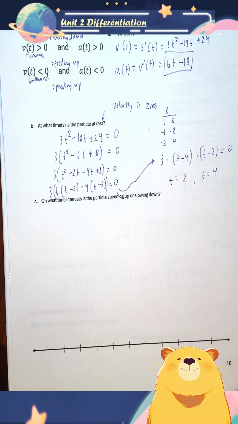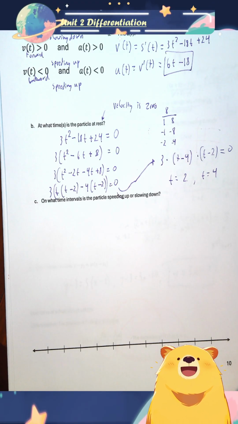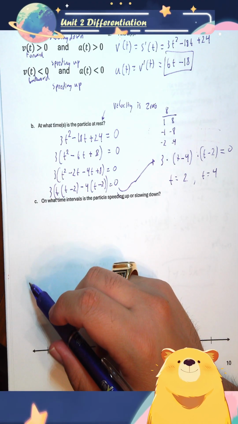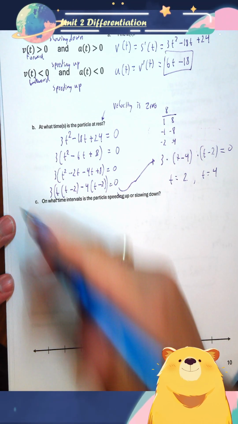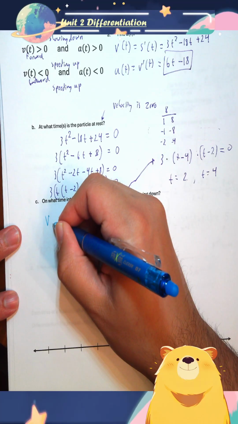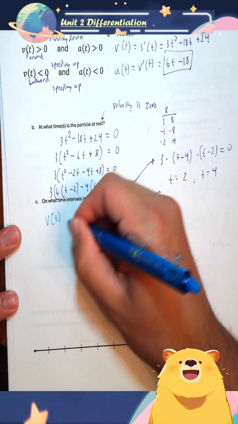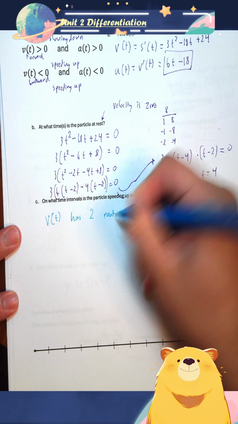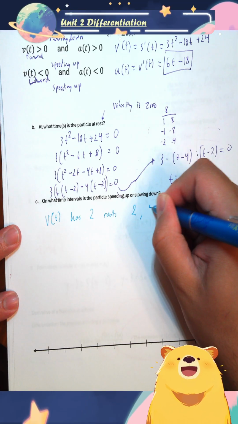Well, this is going to be tricky because first we have to acknowledge the velocity. The velocity function has 2 moments where the particle is at rest, 2 and 4.